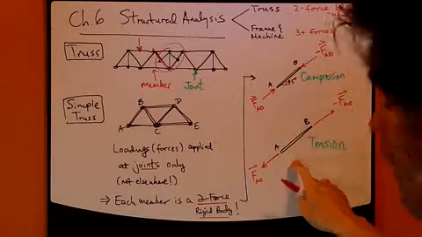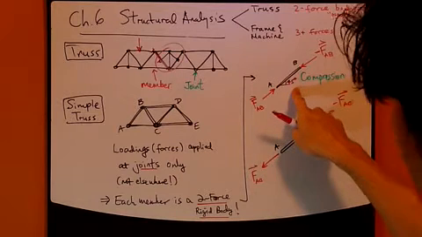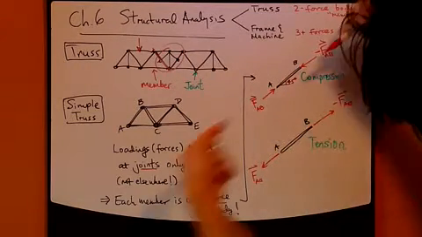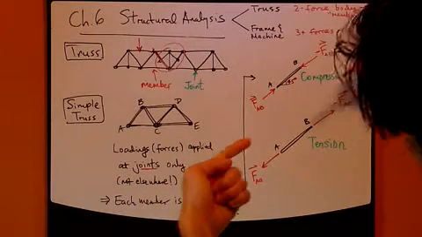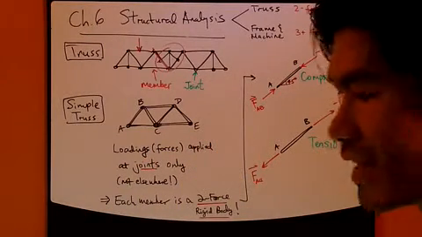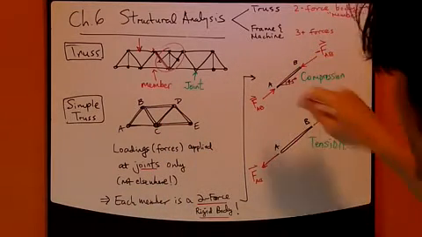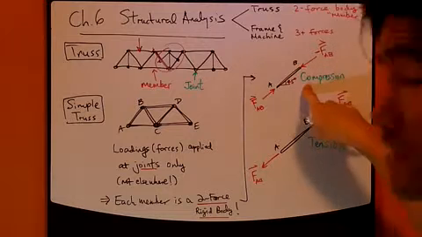And they are completely opposite from one another. In this case, it's called compression loading, where both of these forces are acting toward each other, creating a tendency to compress this member AB. That's why this force F_AB is called a compressive force.